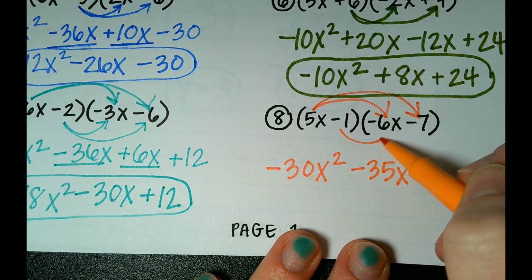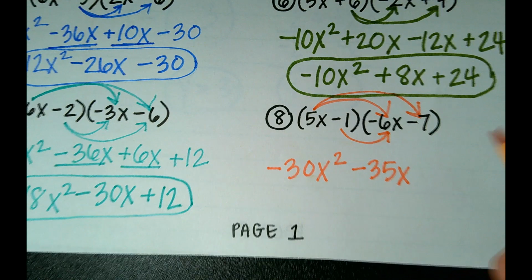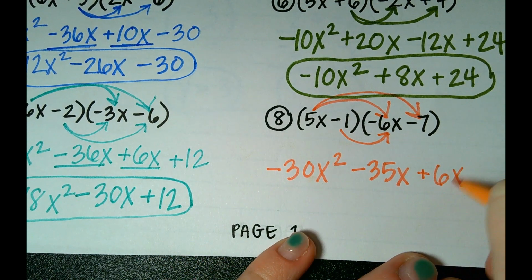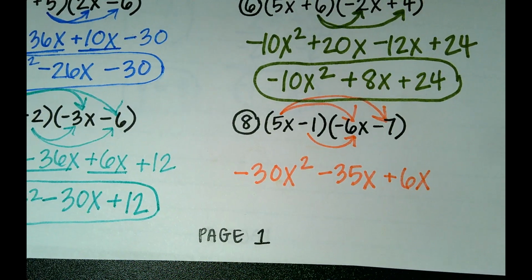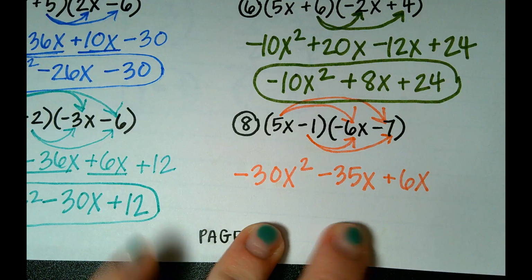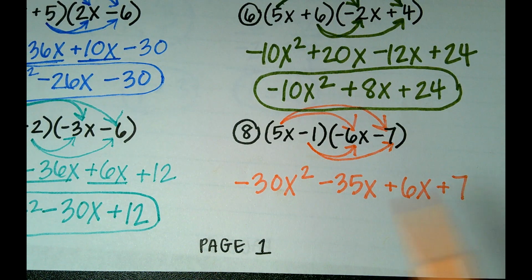And my inner terms, -1 times, yes, negative and negative give us positive 6x. Perfect. -1 times -7 gives us positive 7.